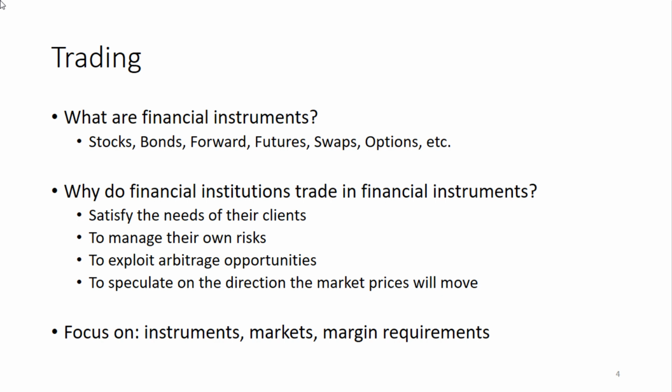If it has a strong view on what direction financial prices may develop in the future, it may take a long position, buying an asset today if it believes that the asset will rise in price in the upcoming period, or it will sell an asset, go short, if it believes that the price will deteriorate. We call this speculation, and it's the third and the fourth reason that I mentioned.